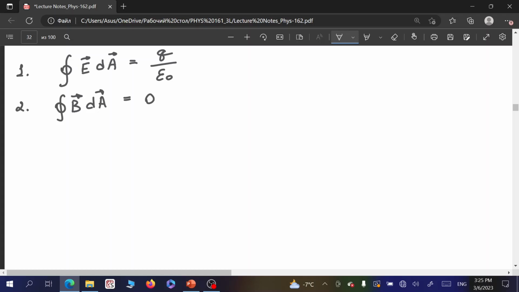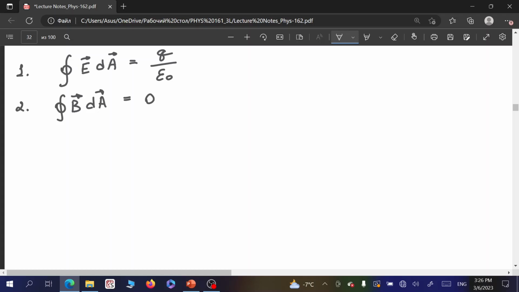Because of the absence of so-called magnetic charges or magnetic monopoles, we do not have origin and termination of magnetic field lines at some points. These magnetic field lines are closed; they don't originate and don't terminate anywhere. They just come out from the north pole and go into the south pole.